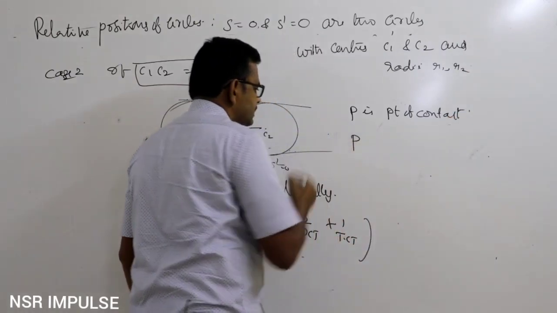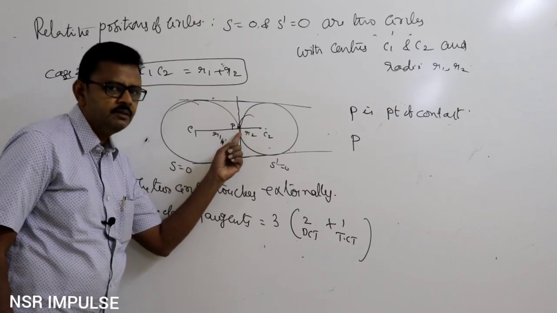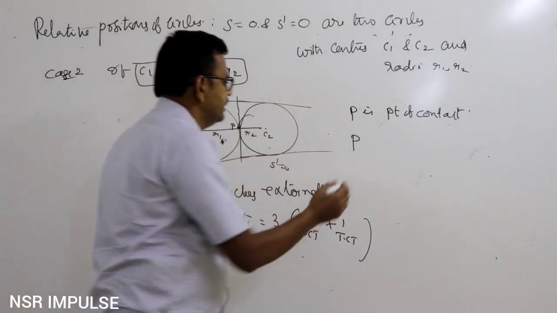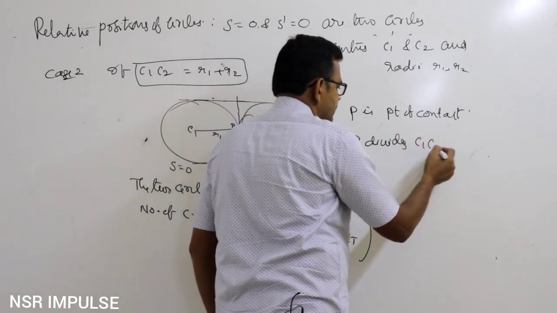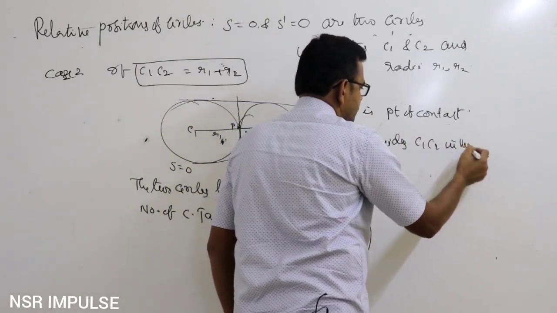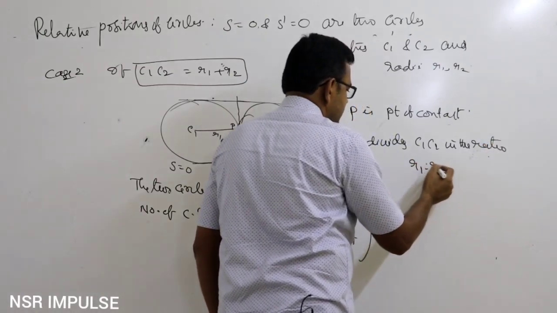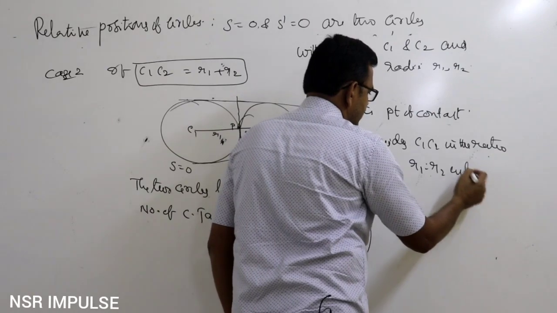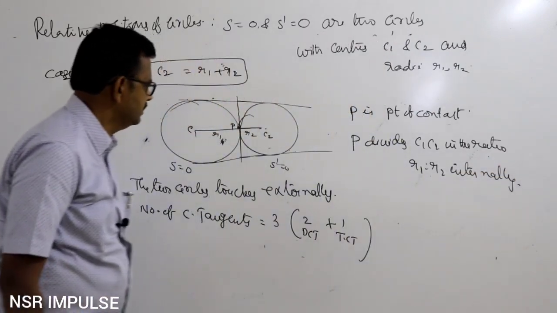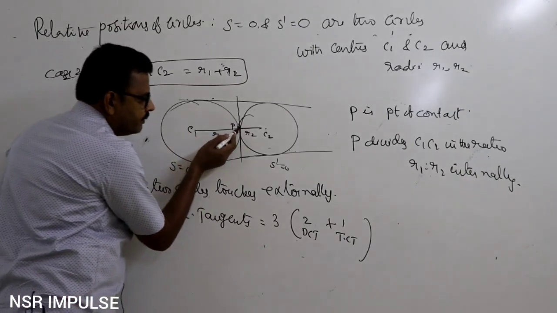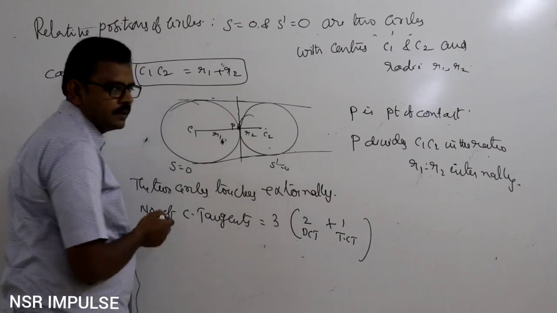And P, the point of contact, is the internal center of similitude. P divides C1C2 in the ratio R1 to R2 internally. Suppose we need to find the equation of the common tangent at their point of contact.